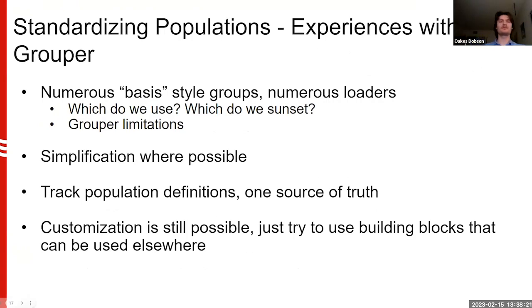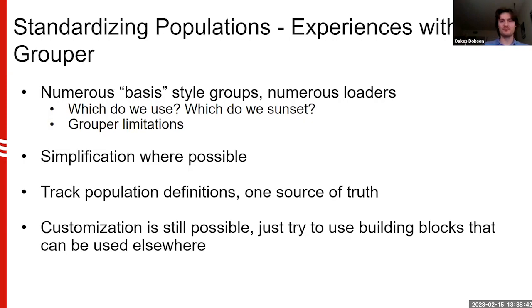So as far as touching on standardized populations, I know Abrianna touched on it a little bit earlier of why we decided to do this, but to zoom out a little bit, UW-Madison has been utilizing Grouper for more than a decade. And as such, a lot of different kind of basis groups have sort of popped up along the way.